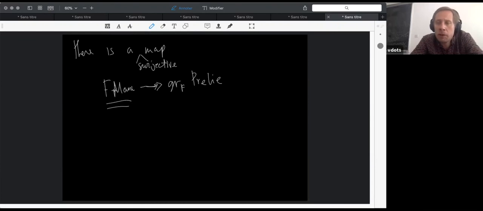How to show that this map is actually an isomorphism? The argument goes as follows.